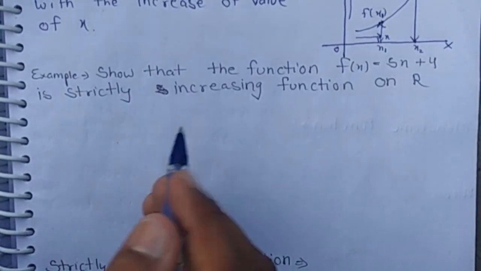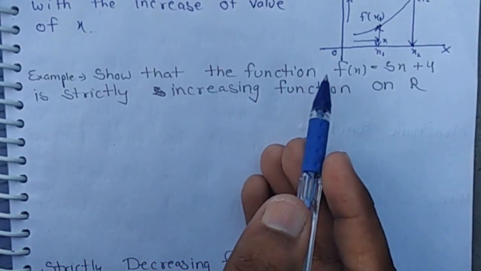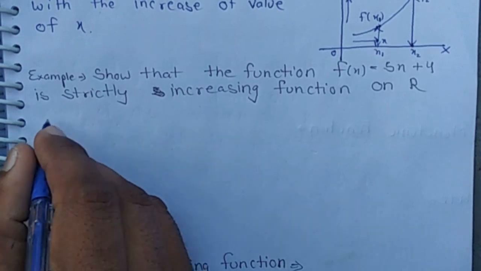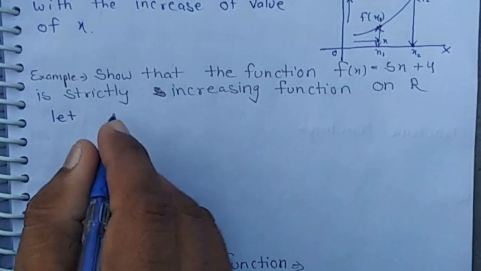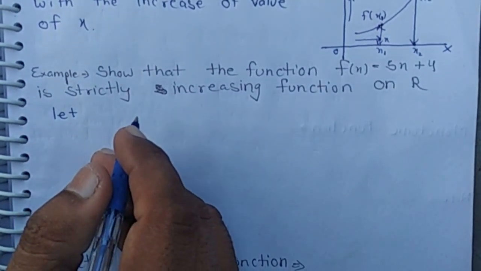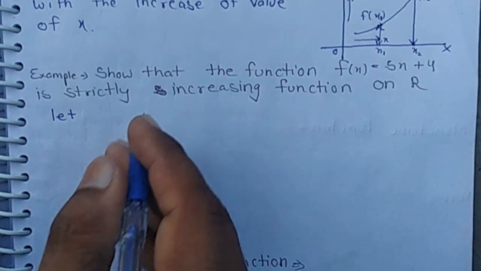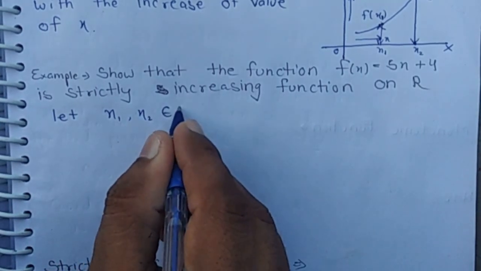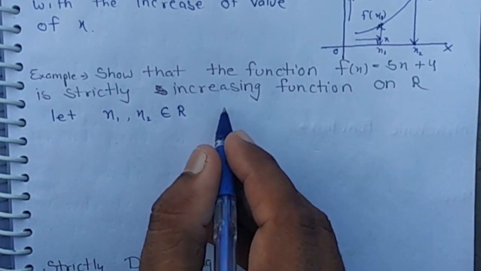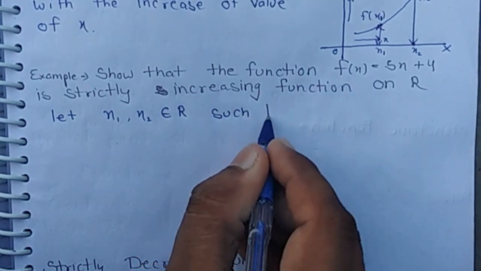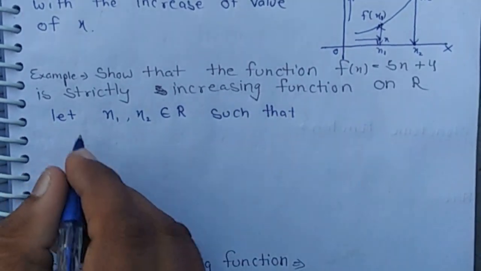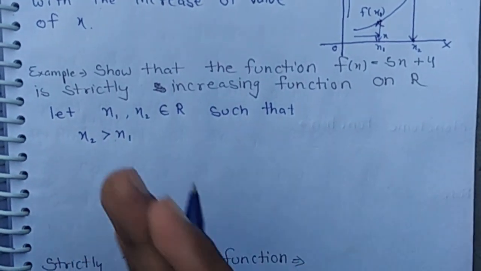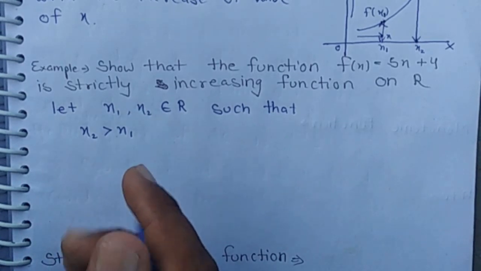For example, show that the function f(x) equals 5x plus 4 is a strictly increasing function on R. Let two values x1, x2 belong to R such that x2 is greater than x1. Now we have to show that f(x2) is greater than f(x1).